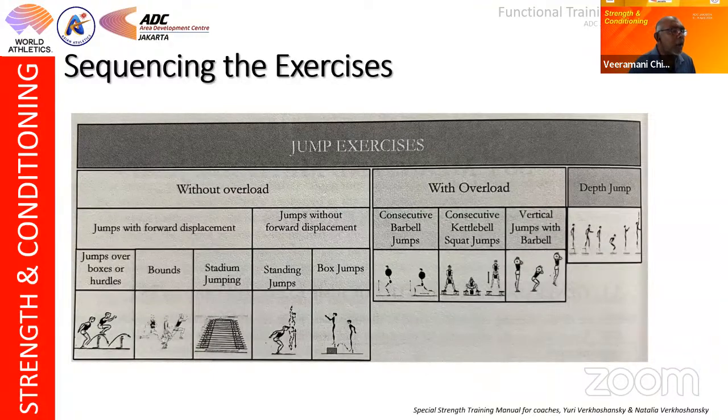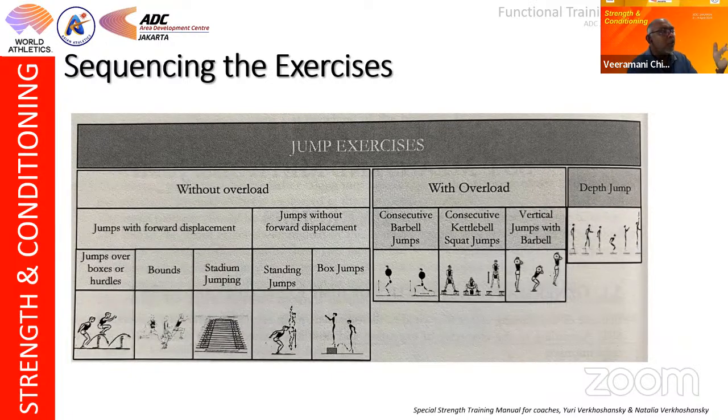This is from Wyrowski, who has prepared some examples of a special strength training menu, which you can refer to. It can be done through a lot of plyometric exercises, which is one of the examples we can use. Without load, what can we do? Like jumping forward for displacement, jumping without forward displacement. So again, one is horizontal focus, one could be vertical focus.